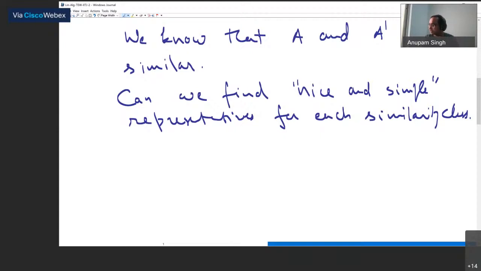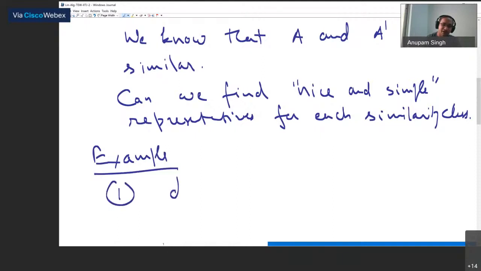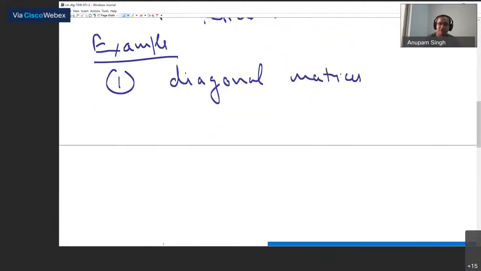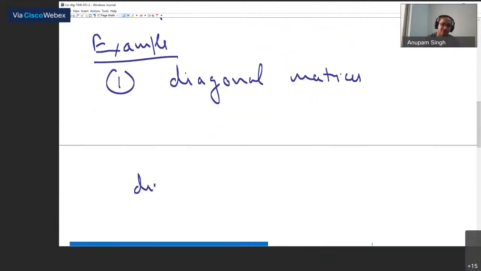So in this connection, we saw that some examples of what could be called nice and simple is certainly diagonal matrices. And in general, any diagonalizable linear transformation will give rise to a diagonal matrix.